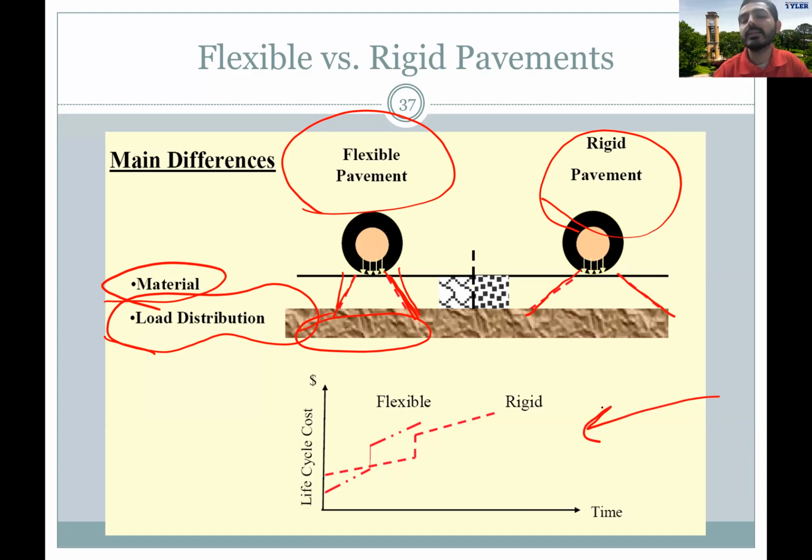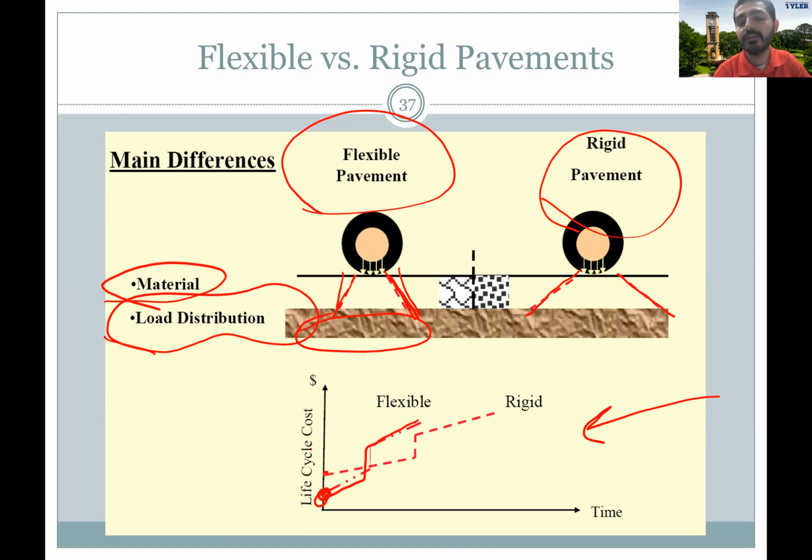How about the cost? This is an everlasting debate. Which one is more cost efficient? The upfront cost for flexible pavement is relatively smaller compared to rigid pavement. Cement here in the country is expensive compared to asphalt.